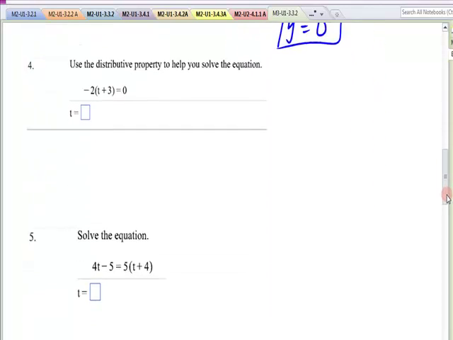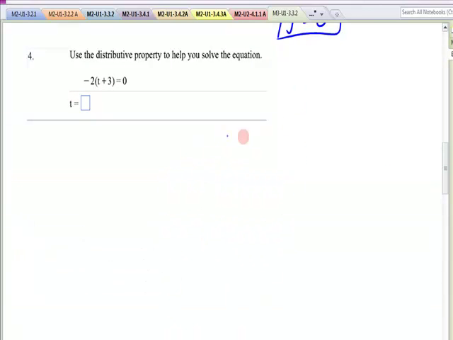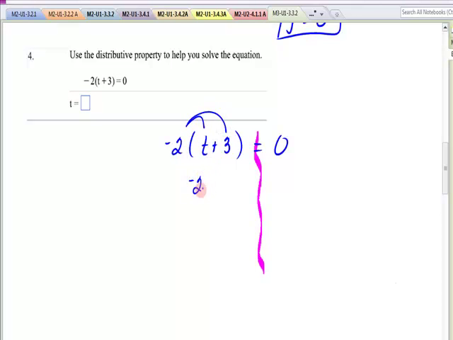All right, let's take a look at number 4. I have negative 2 parentheses, t plus 3 is equal to 0. Simplifying is my first step. Can I simplify on the left? Yes. Negative 2 times t is negative 2t. Negative 2 times 3 is negative 6.